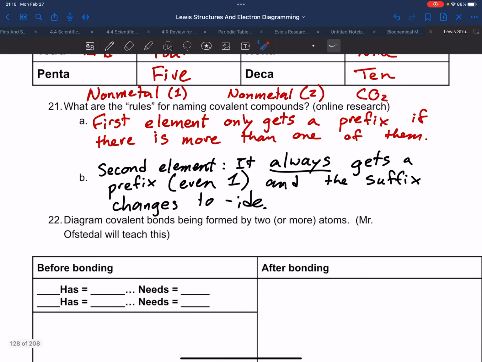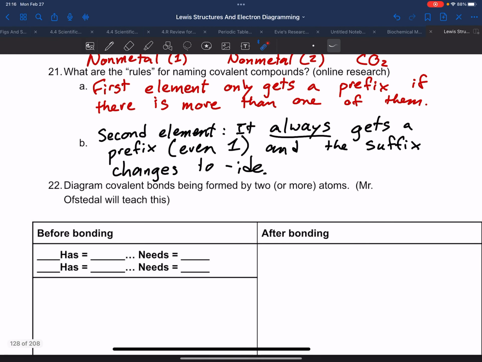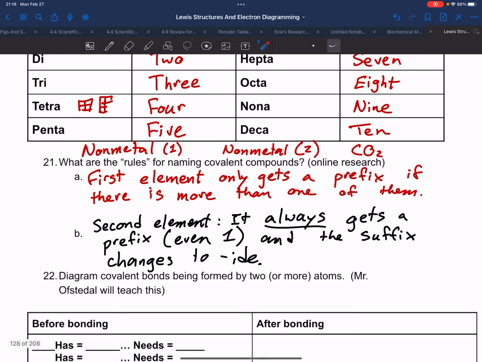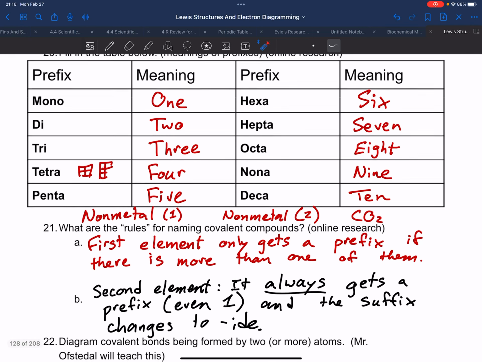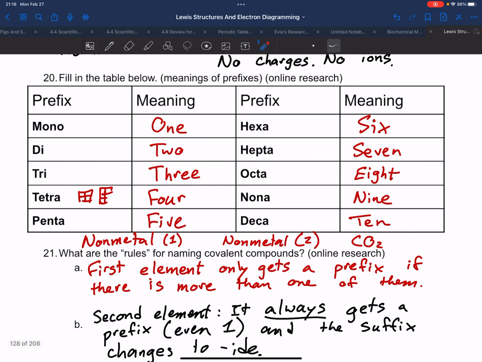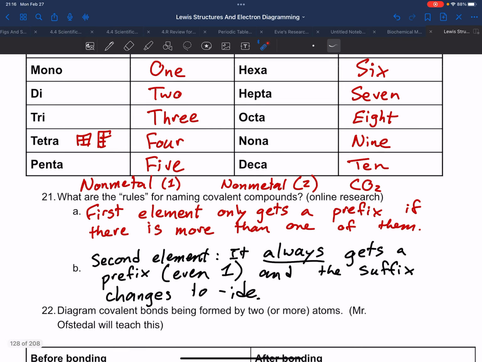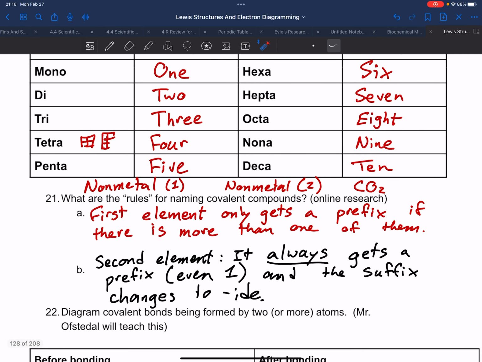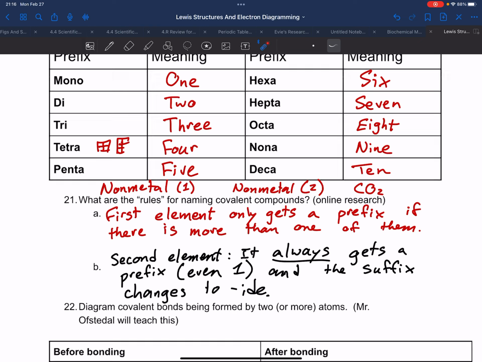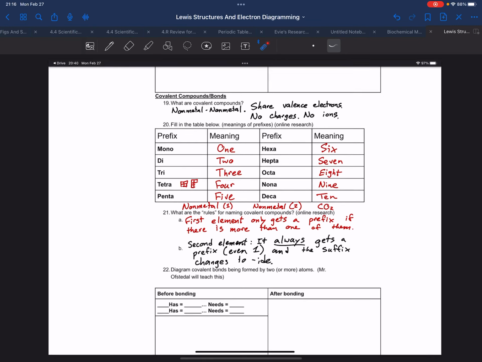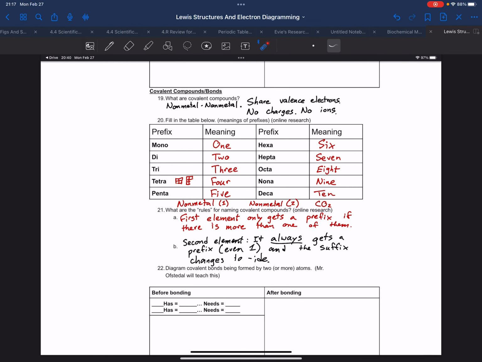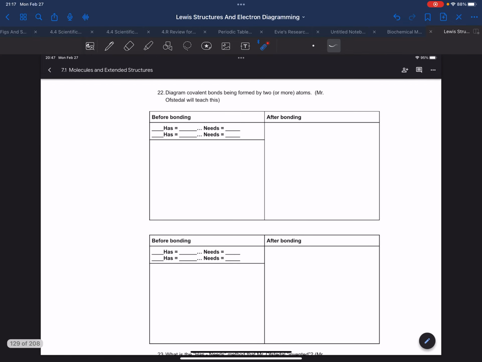All right. So this next part for diagramming covalent bonds, I'll actually be teaching this at another time. I think you have enough for the diagramming of ionic bonds, as well as doing the naming of both ionic and covalent compounds, to give you enough to work on for today.